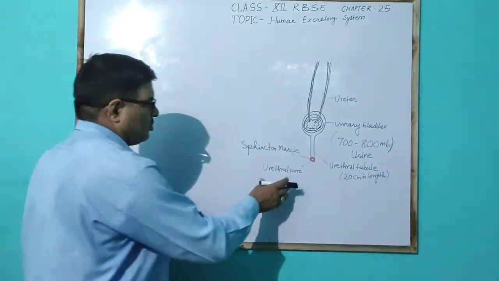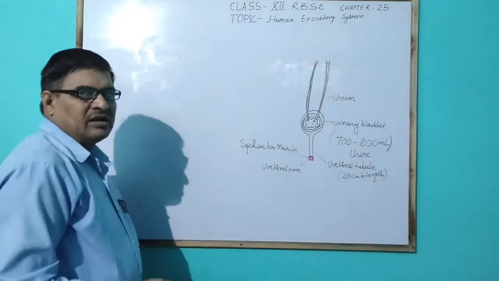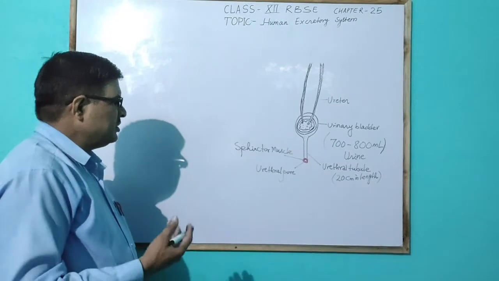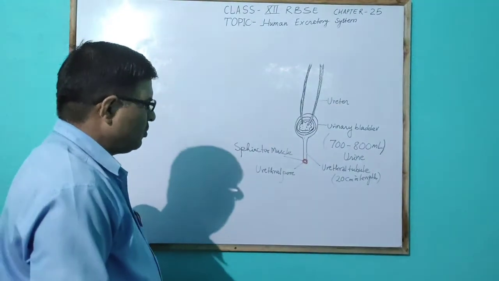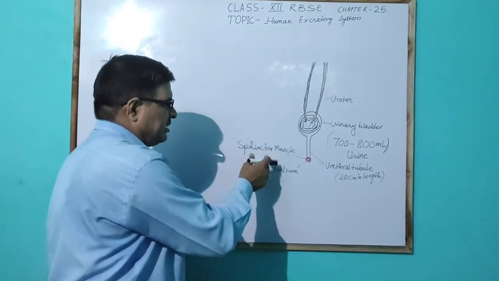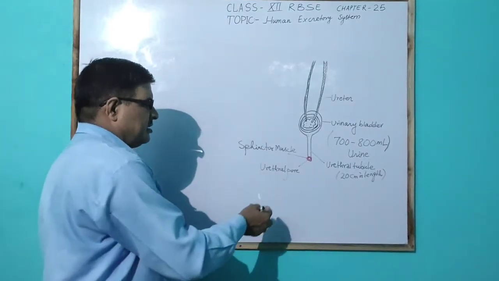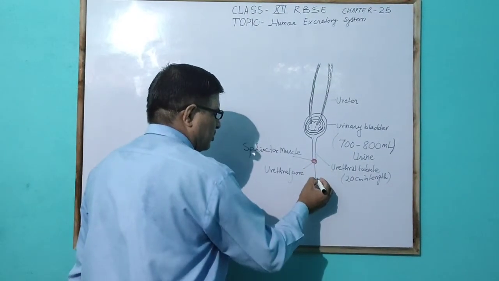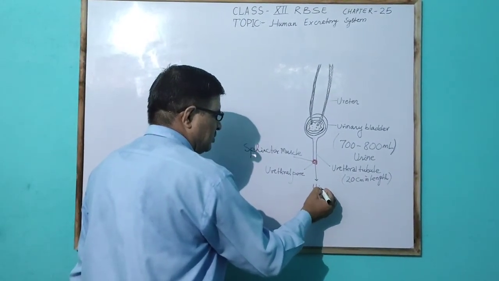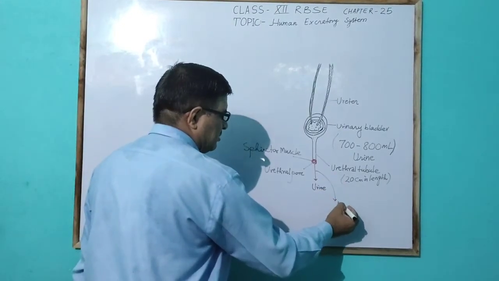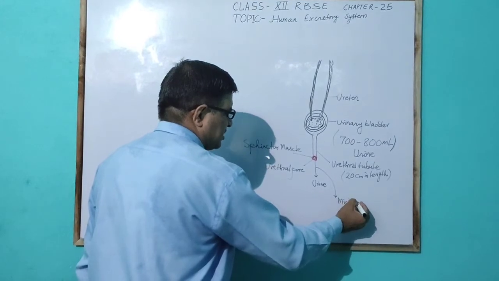The urethral orifice is closed under neuroendocrine system control. When the sphincter muscle relaxes, urine comes out through the urethral orifice, and this process is called the micturition process.